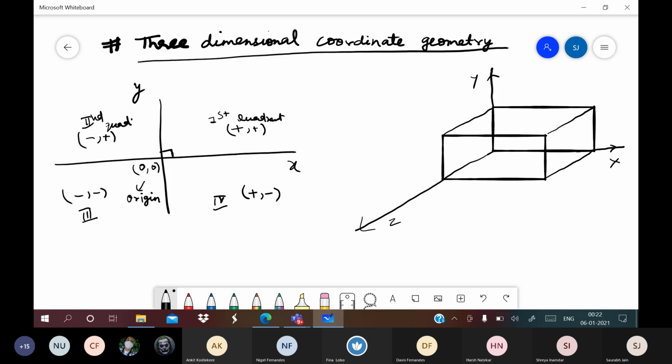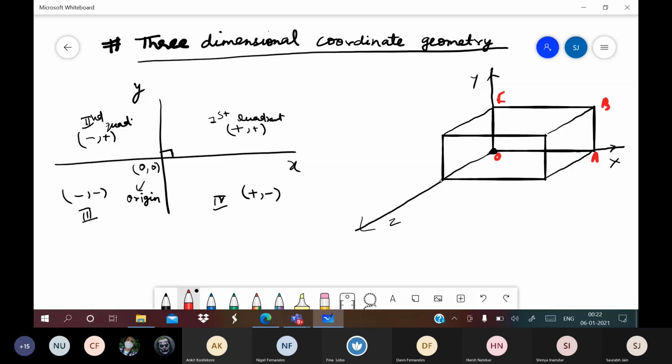Imagine this as the corner of your room. Like there is this wall OABC. You can visualize sitting in your room. This is OABC.